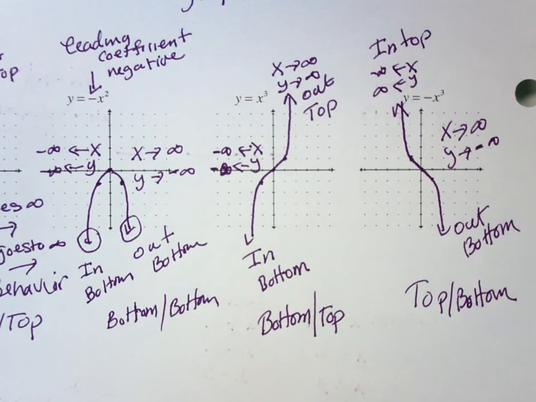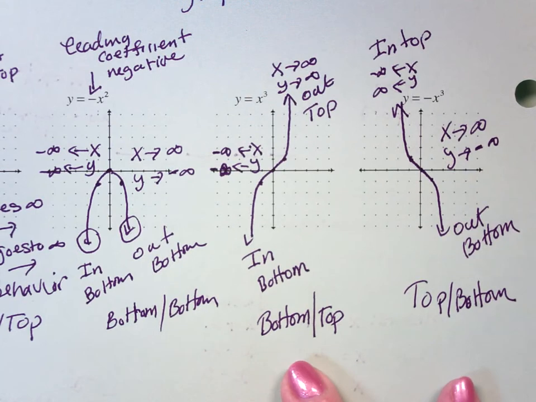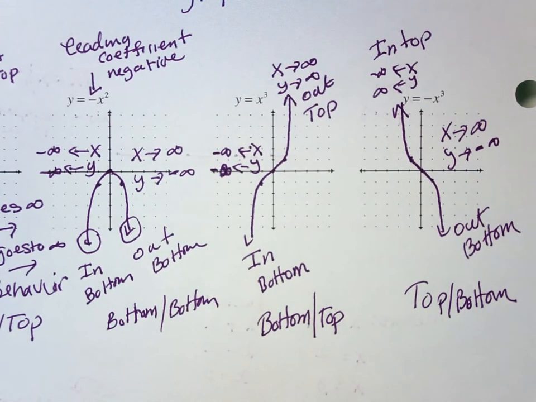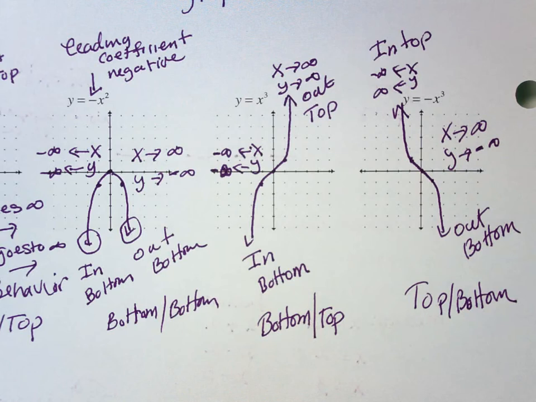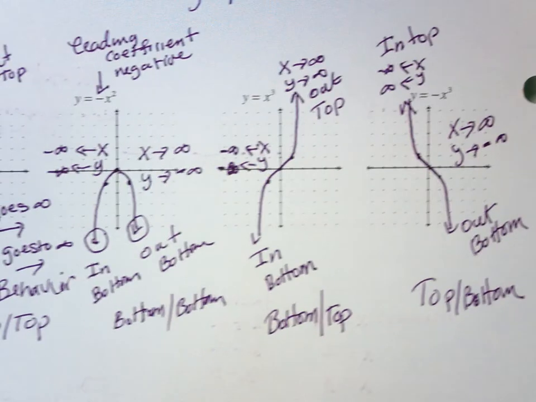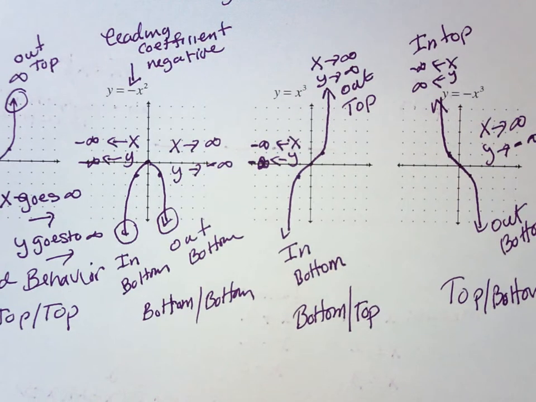So that's kind of how I remember it. Bottom, top, top, bottom. Negative is going to make the difference as to what's going to happen. That's the purpose of the power function. He's the controller. He basically controls what happens in the end. End behavior.